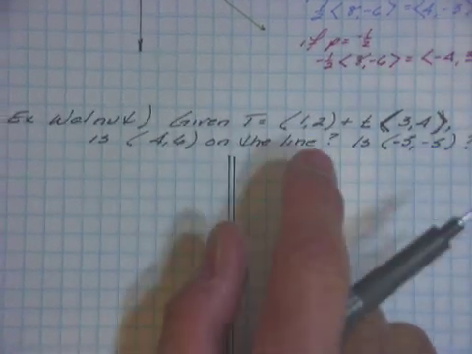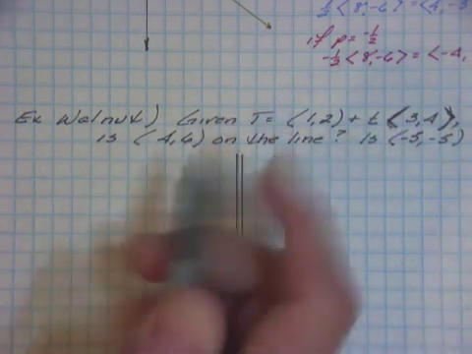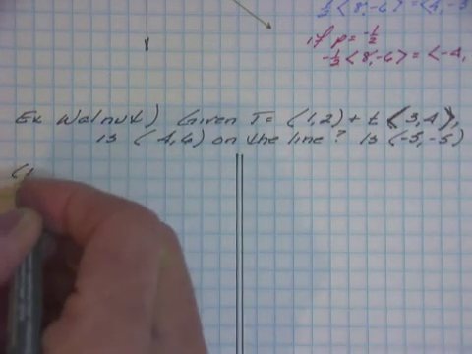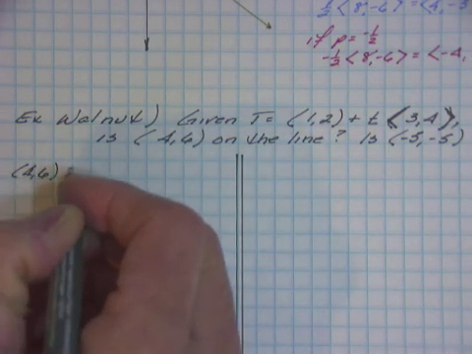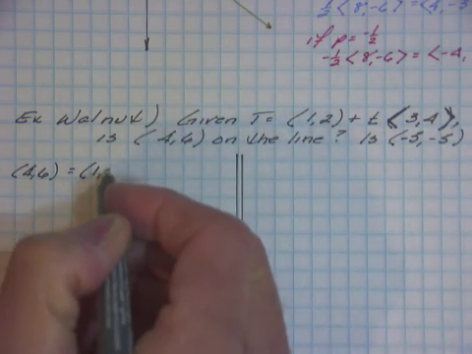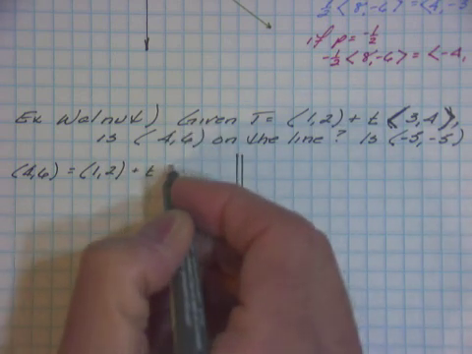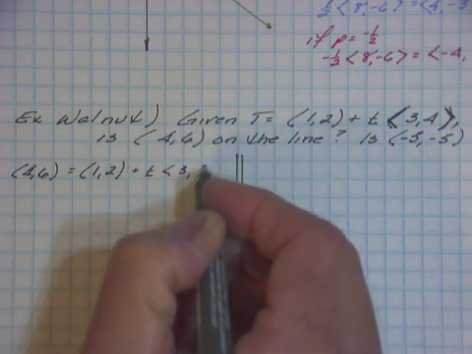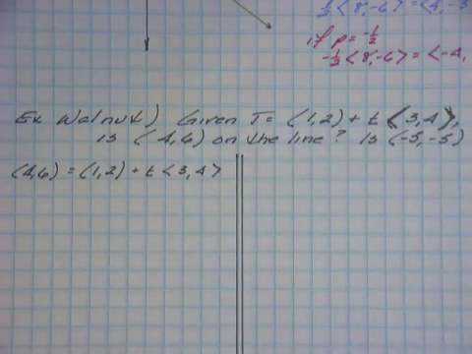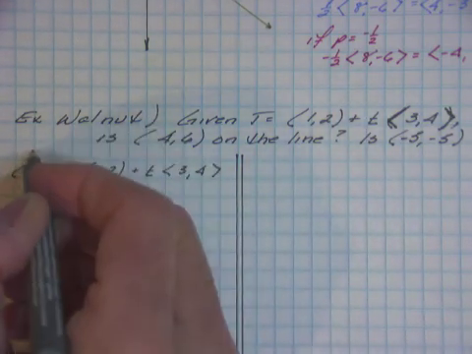I know you've seen me doing it differently in the other videos. Given this equation for a line, is the point 4, 6 on the line? Well, all we have to do is put 4, 6 in for r, and then we write the rest of the equation, 1, 2 plus t times the vector 3, 4.